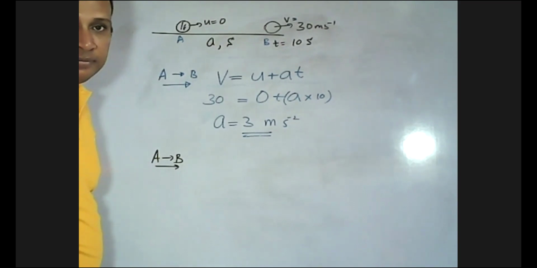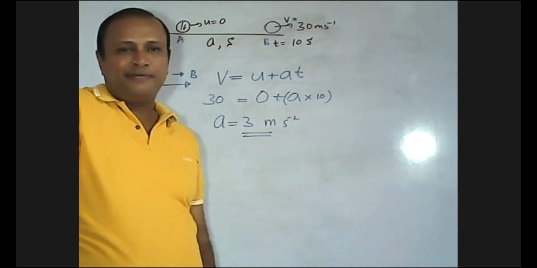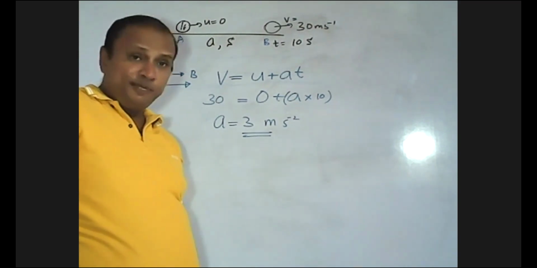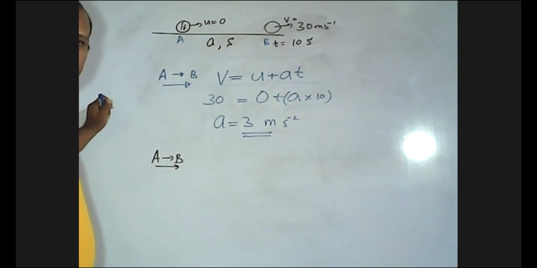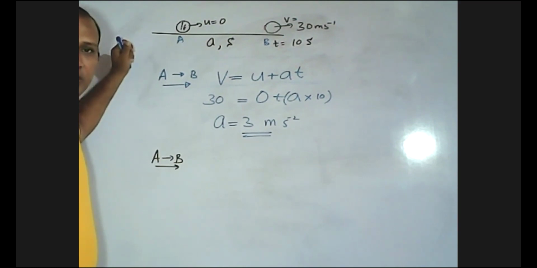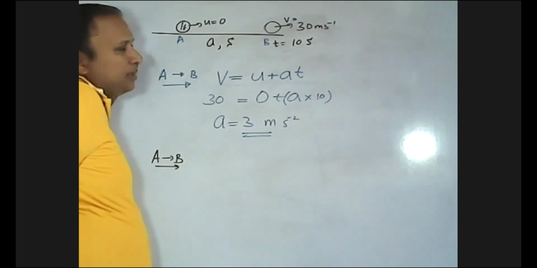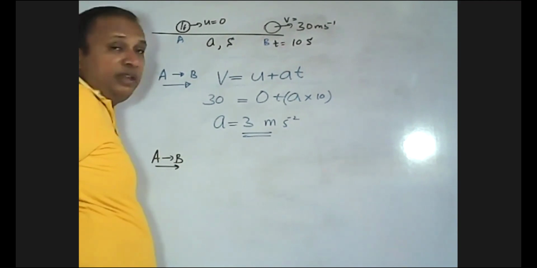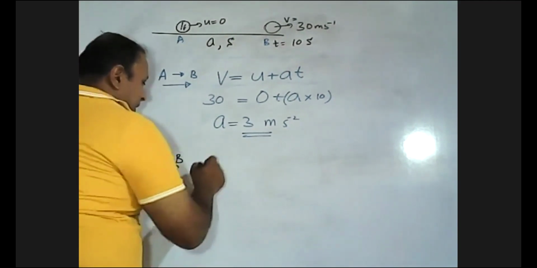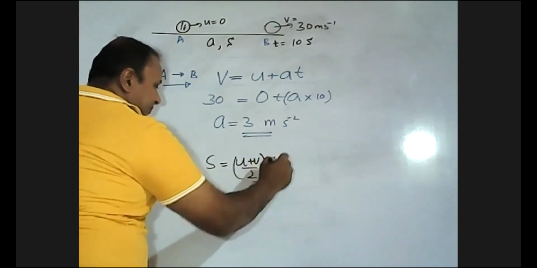Yes, S equal U plus V over 2 times T. That is good. Or you can use S equal UT plus half AT square. That is also correct.